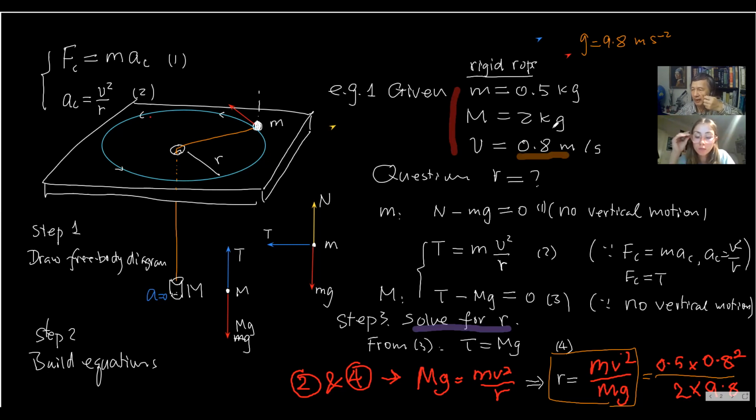That will guarantee that at the end, the unit you obtain will be in the international unit system. For example, what is the unit for R? Meter, yes, that's right. So step one is to unify the units.